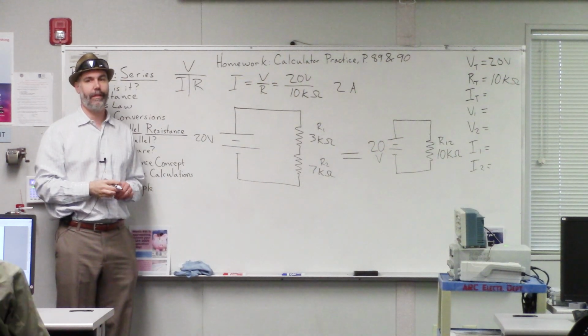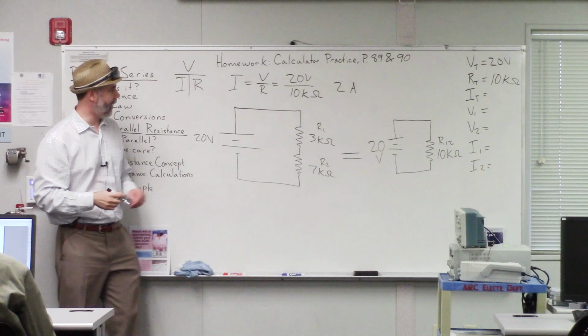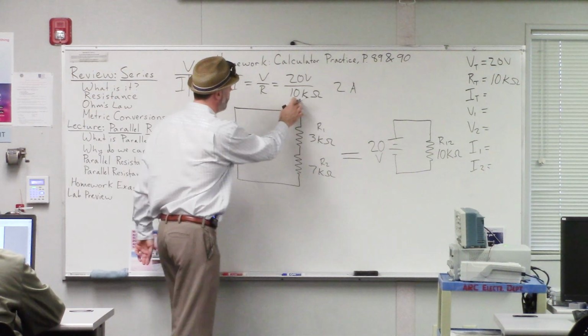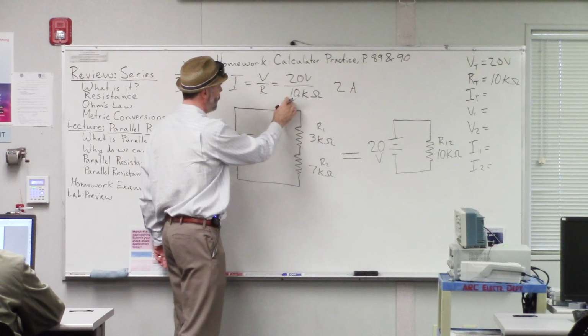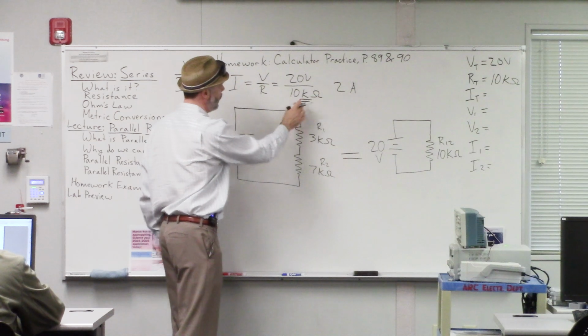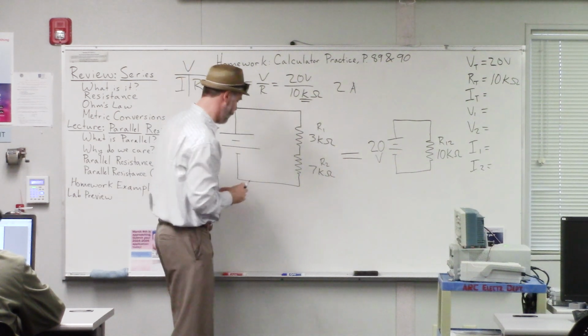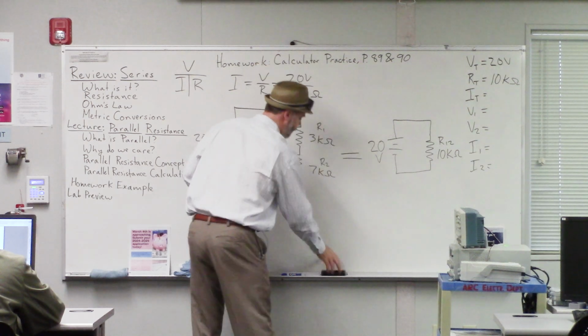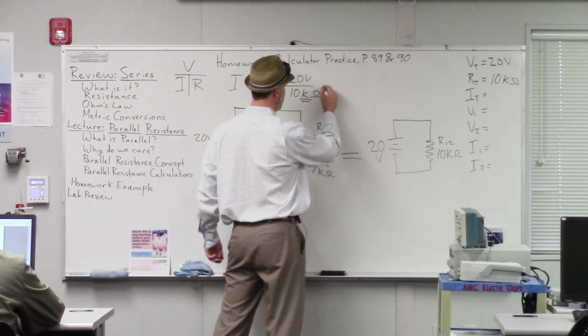It is in kilo ohms. That's right. It looks like I can just divide 20 by 10, but this is kilo, so we need to convert that to regular ohms before we do our math. This is a little bit of that metric conversion we worked on last time.